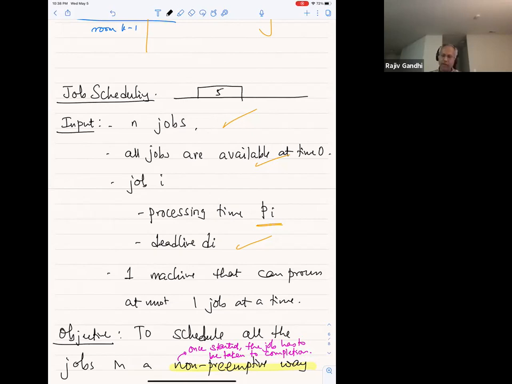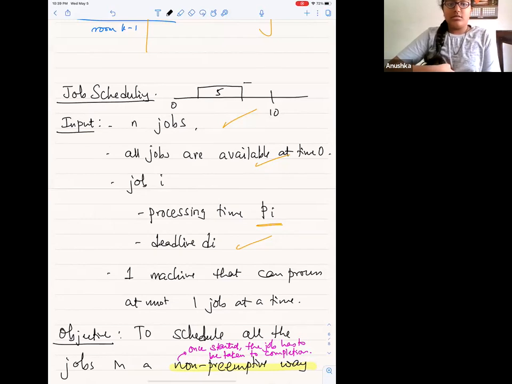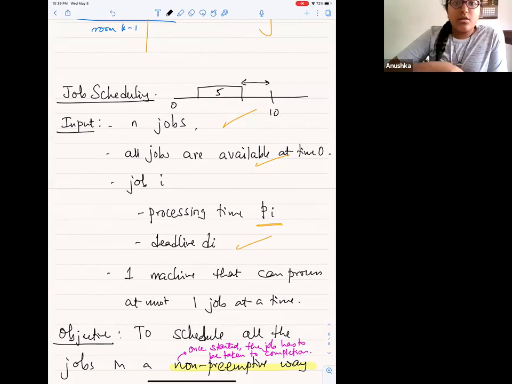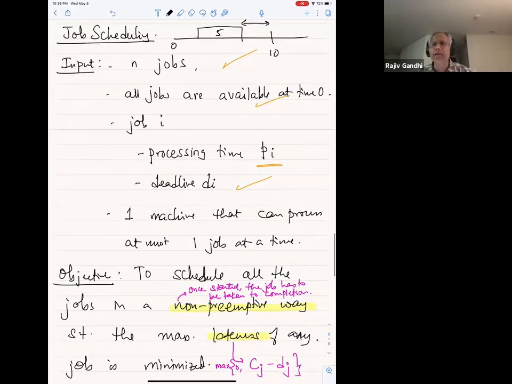You schedule it here. This is 0, and its deadline is at 10 hours. So is this job late? No. So its lateness is 0. So what happens when it is late? When there's no time left and you do it exactly at the deadline? That's okay. That is what I'm trying to explain, the problem still.